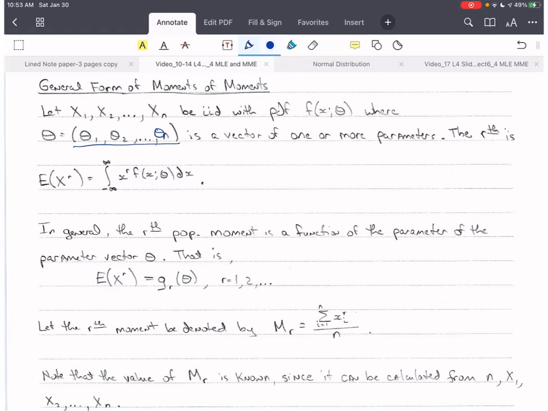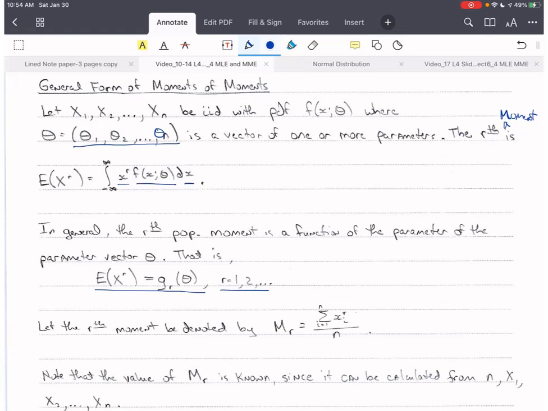Okay, the rth moment is E of x to the r, which is the integral of x to the r f of x dx. So in general, the rth population moment is a function of the parameters in the parameter vector theta. In other words, we're going to say E of x to the r is g sub r of theta, for r equals 1 up to n.